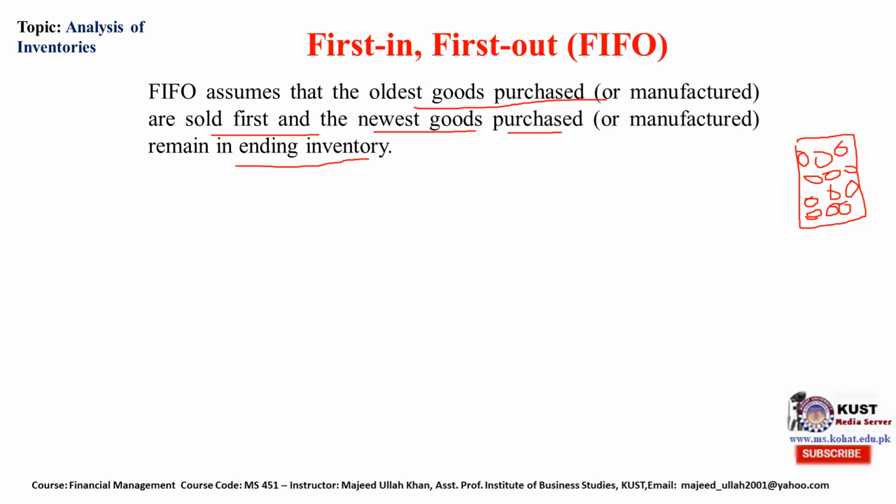If you sell 6 items, not physically these 6, but we will allocate cost, first cost of these 3 items and then cost of these 3 items, while these remaining 6 will be in inventory. So this is that the oldest goods purchased or manufactured are sold first, and the newest goods purchased or manufactured will remain in inventory.